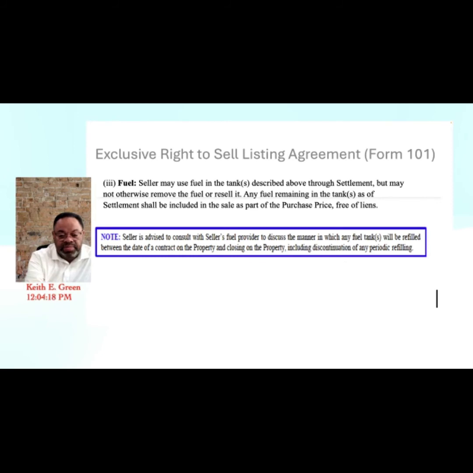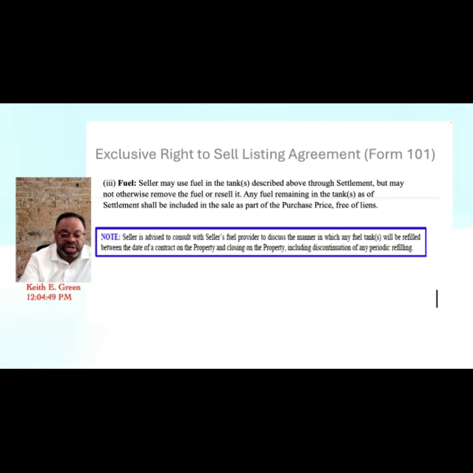Again, this talks about the fuel aspect of it. Seller may use fuel in the tank described above through settlement, but may not otherwise remove the fuel or resell it. Any fuel remaining in the tanks as of settlement shall be included in the sale as part of the purchase price, free of lien. It's the same verbiage that was in the offer to purchase contract, placed in this exclusive right to sell.